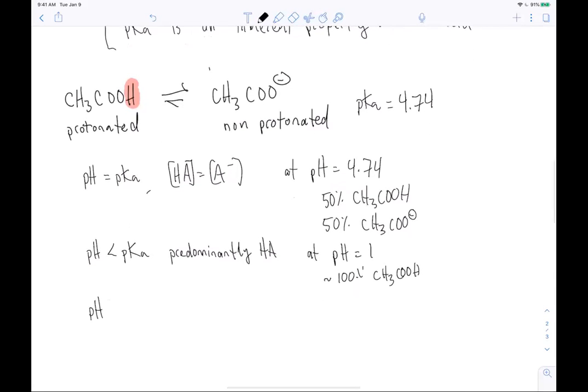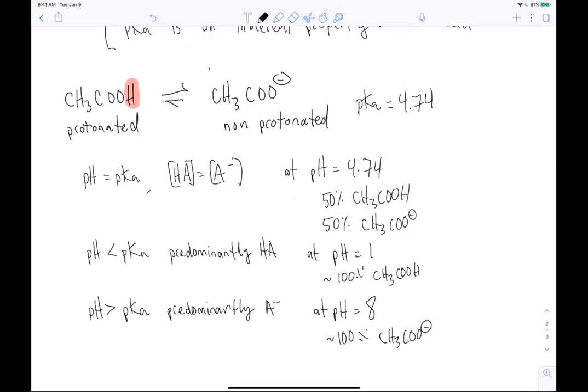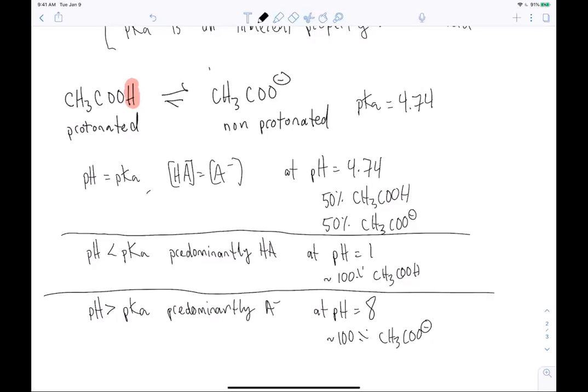And for the pH being greater than the pKa, now you have predominantly A minus in solution. So at a pH equal to 8, you're going to be approximately 100% acetate. So this is independent of the concentrations that you have there. There are obviously some places where this gets wonky because it's just an approximation, but it's a very good approximation.